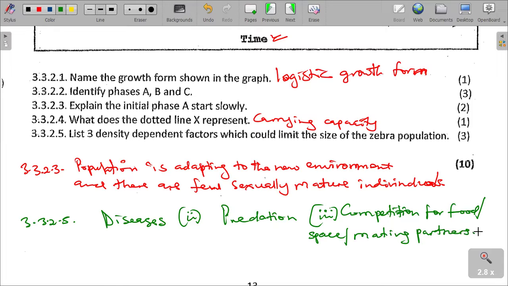They can also be factors that can limit the population of these zebras here. Those are some of the factors.